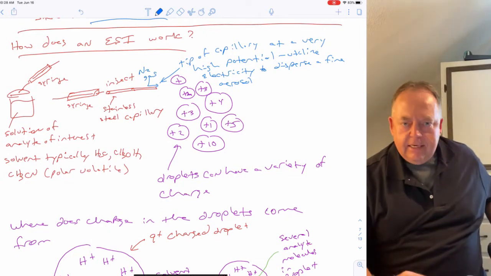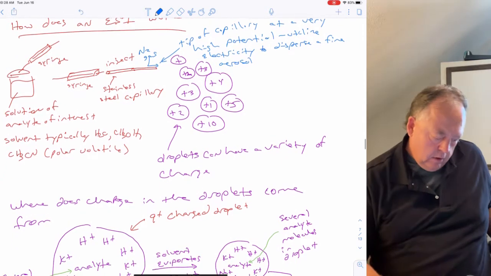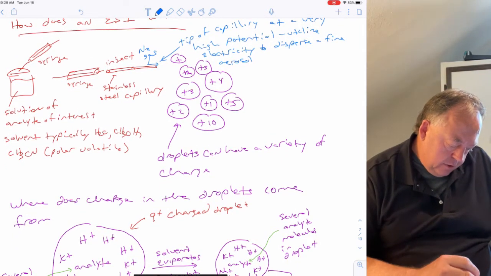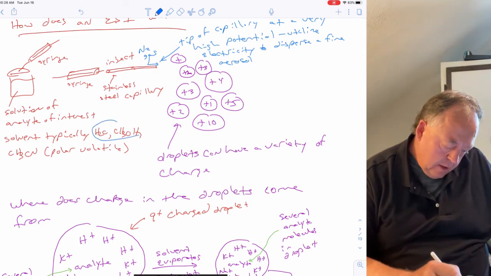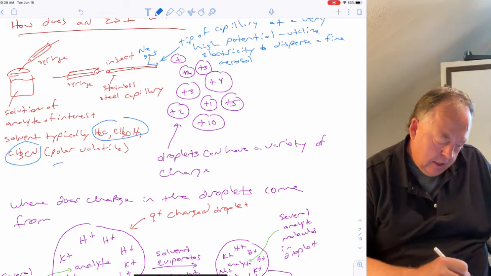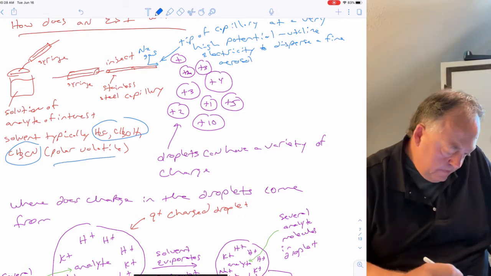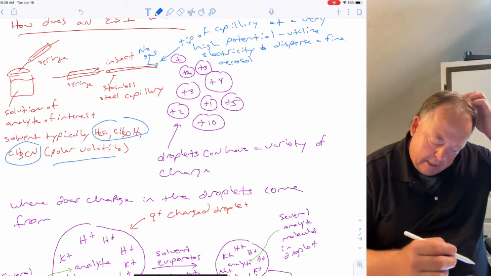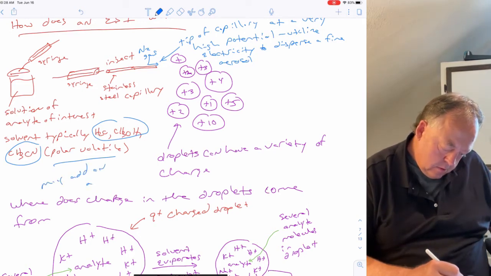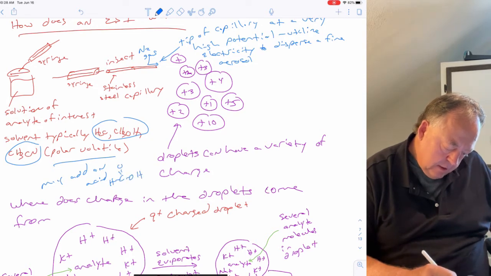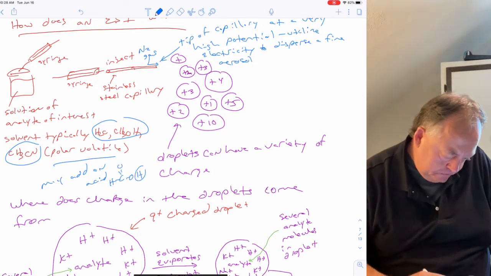Okay, so how does an ESI work? So basically, you take your sample and dissolve it in a solvent, typically water, methanol, acetonitrile, some polar solvent that's volatile. And you may add an acid like formic acid to get a source of protons.